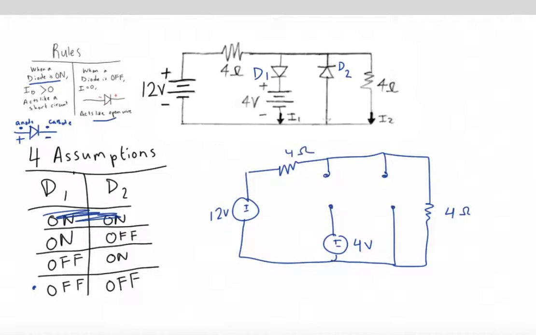To test this assumption, I'm going to run a KVL loop around this first loop here. That would be 12 minus the voltage across the 4 ohm resistor, which is 0 since there's 0 current due to this open circuit. Then we have a 4-volt source here. Moving from positive to negative, that's a minus 4 volts. The KVL has to be equal to 0, so where's the other remaining negative 8?